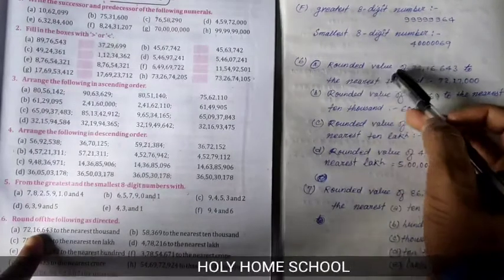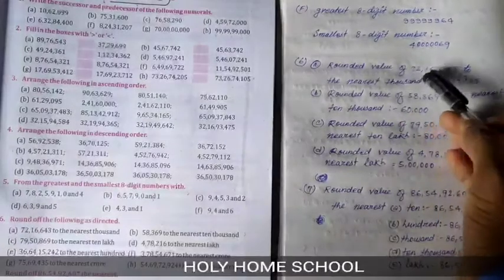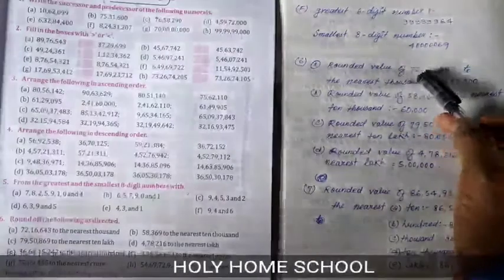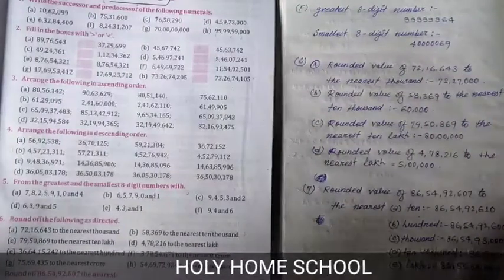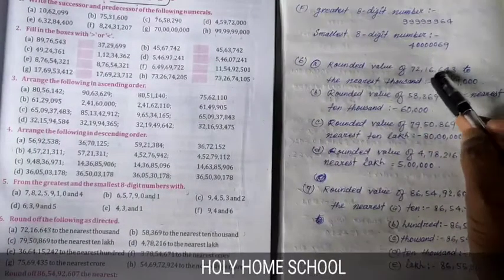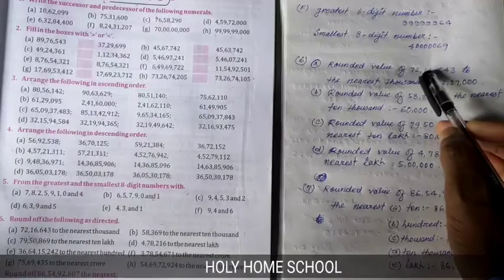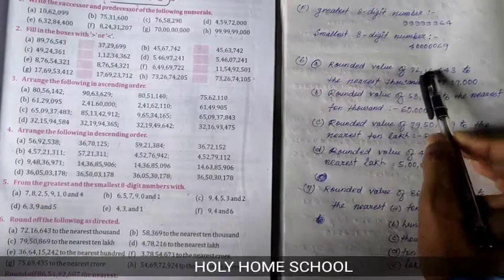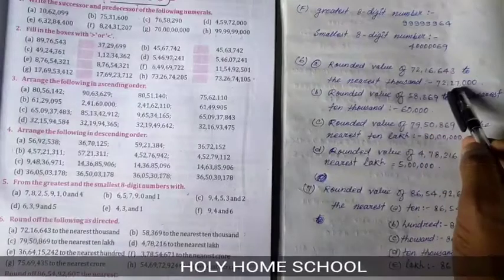Same as rounded value of 72,16,643 to the nearest 1000. 6 here, so we increase this 6 by 1, 7.